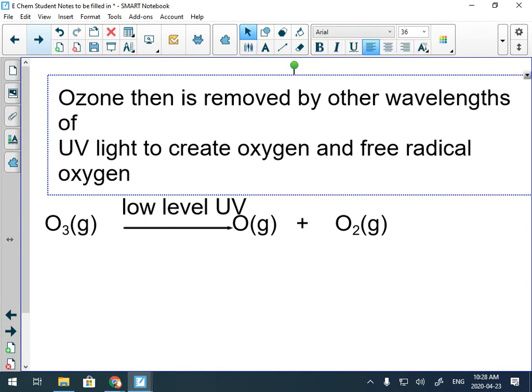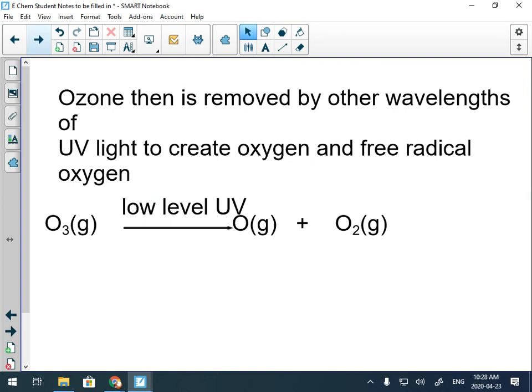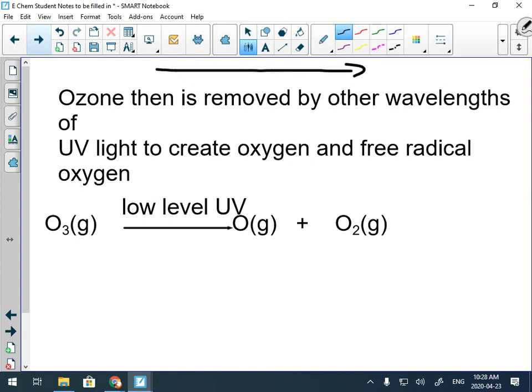On the electromagnetic spectrum, you have radio waves, you have microwaves, you have visible light, then you have ultraviolet light, you have X-rays, gamma rays, over here you have cosmic rays.